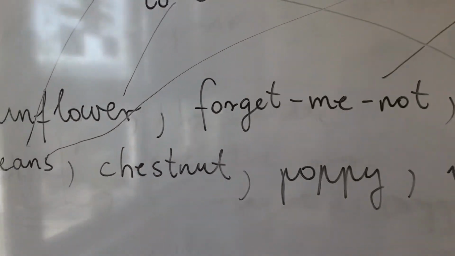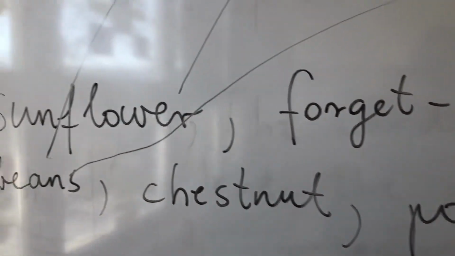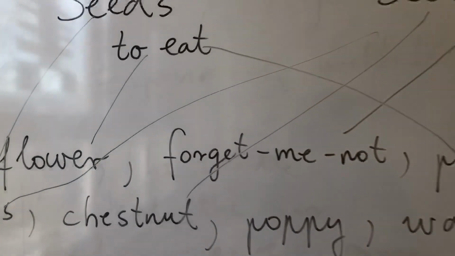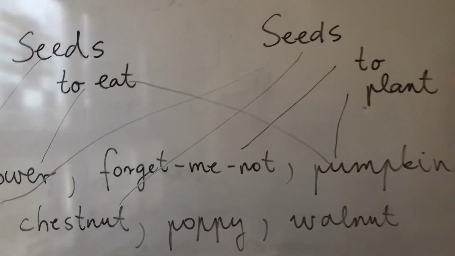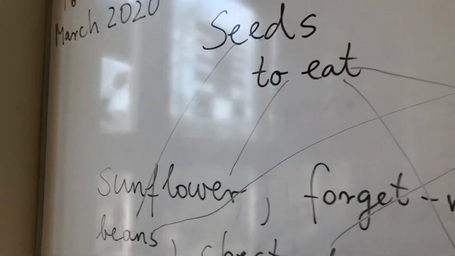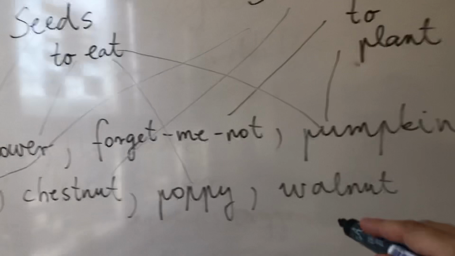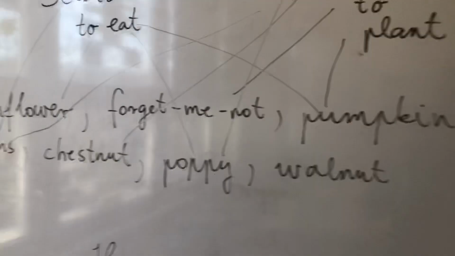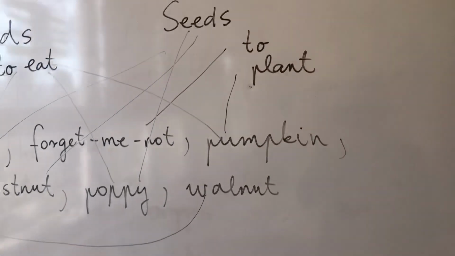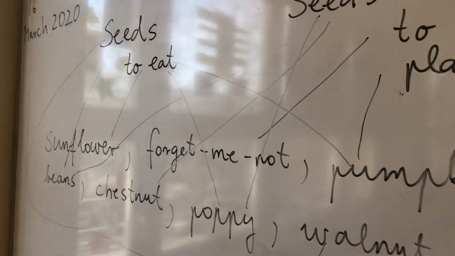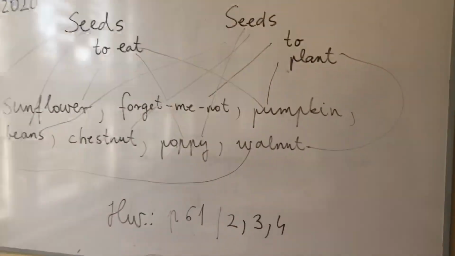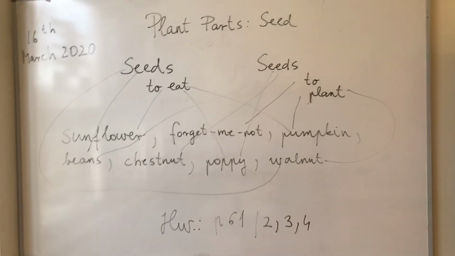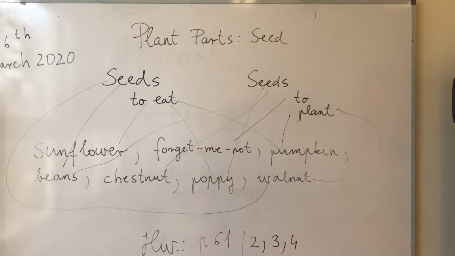So I'm going to match it with this part as well. Chestnut. If it's a wild chestnut, we just use it for growing trees. Poppy, you can eat that, but you also need new poppy plants next year. Walnut, same thing. We eat those, but of course if you need a new walnut tree, you can plant it as well. Ooh, look at that network of lines.